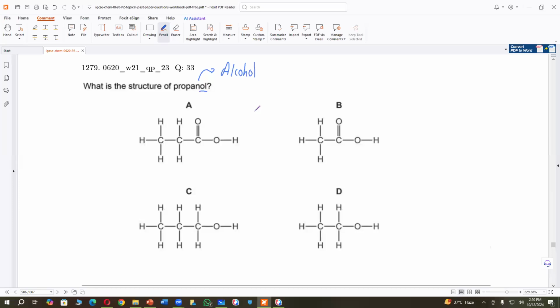Propane, alcohol. So there has to be 3 carbons. The word prop means 3 carbon, and alcohol means an OH group. So it's C. Good judgment. Answer is C.